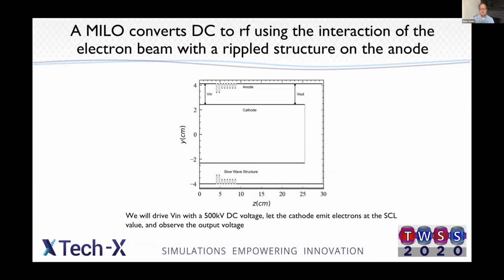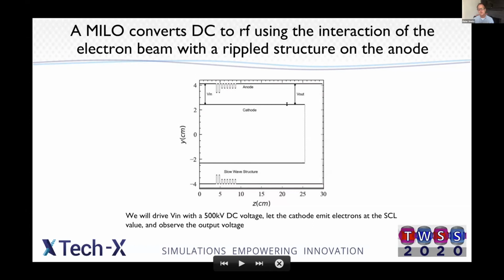The inner coax is the cathode. The outer structure is the anode. We're going to apply a voltage from cathode to anode on the input side. That's just going to be a DC pulse. And we're going to look at what happens out here, where we hope to see some RF.